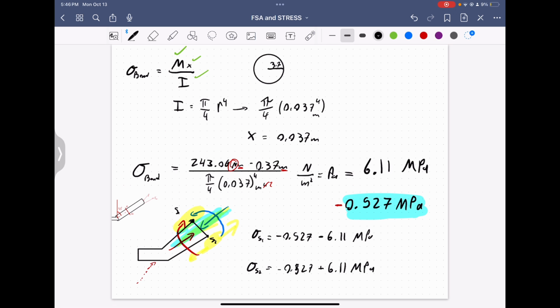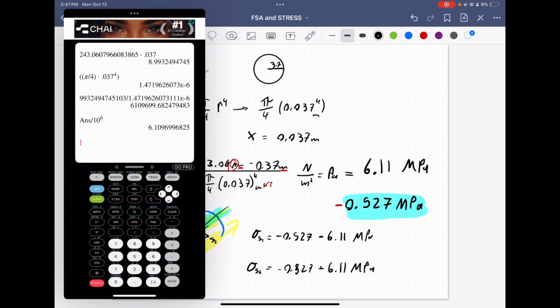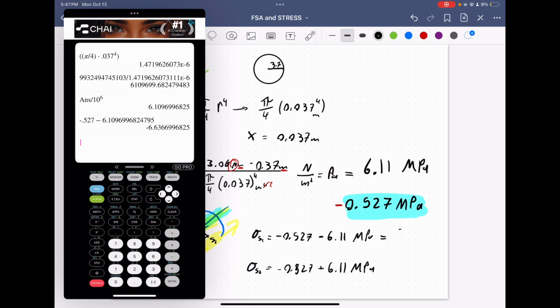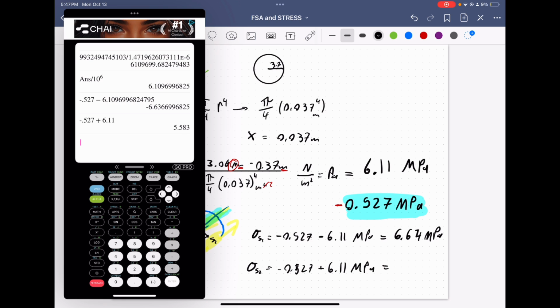And putting in these answers, I haven't rounded much, but negative 0.527 minus, we'll throw this in full. It's going to give us 6.64 MPa, whereas this one is going to give us negative 0.527 plus 6.11, 5.583 MPa.